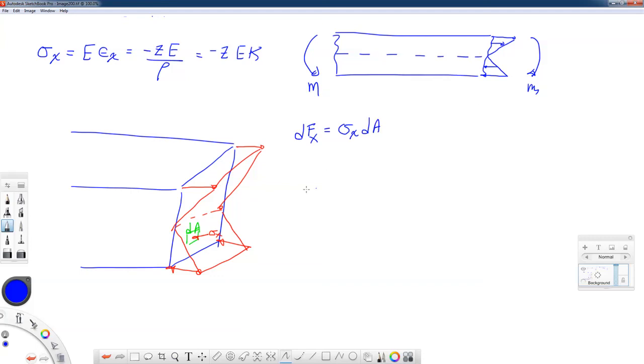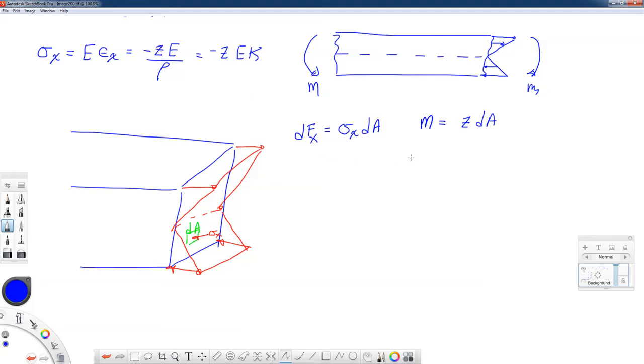If we want to relate that to the moment, it is going to be equal to the stress times the area, the force, times the z distance. Now, I've already drawn this arrow in the correct direction that accounts for the sign of that.